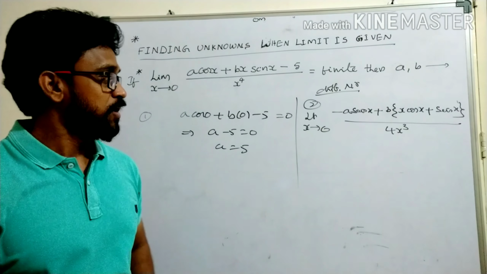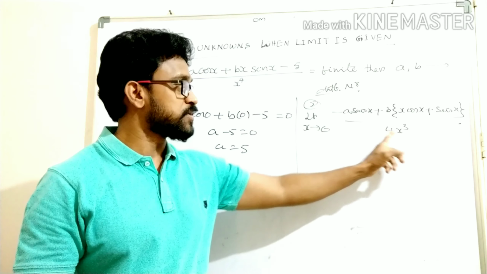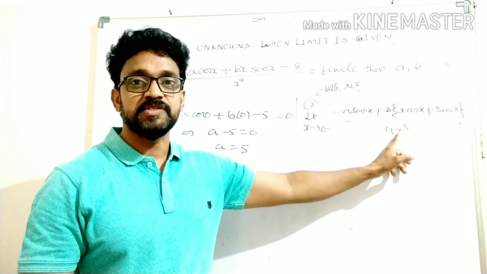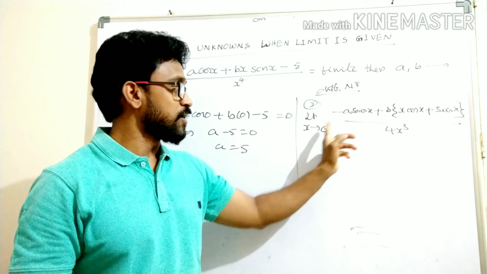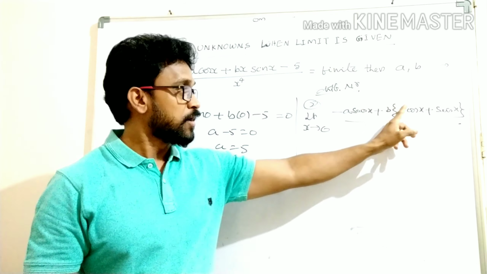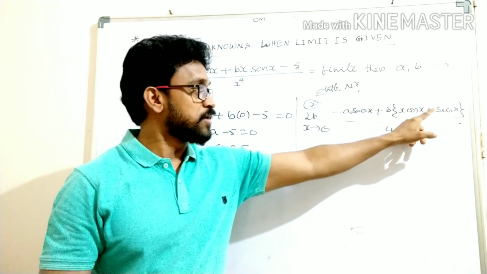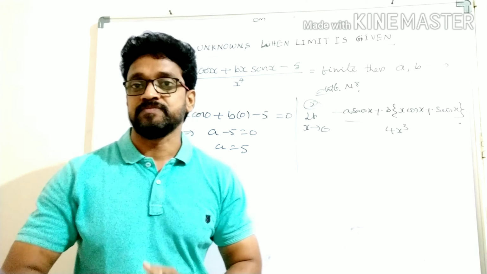Now as x tends to 0, the numerator is 0 and the denominator is 0, directly a 0 by 0 form.